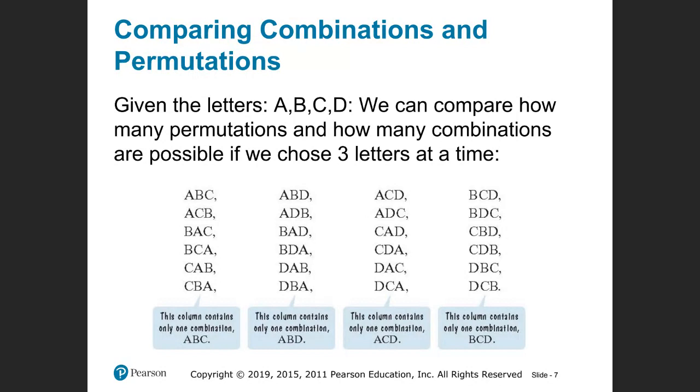The second column contains only one combination, ABD. The third column, only ACD, and the fourth column, only BCD. So the letters are in different orders, but we're still picking the same 3 letters from ABCD.